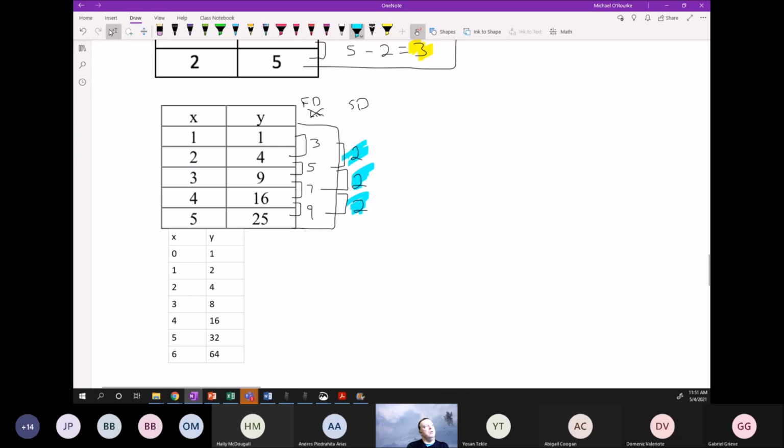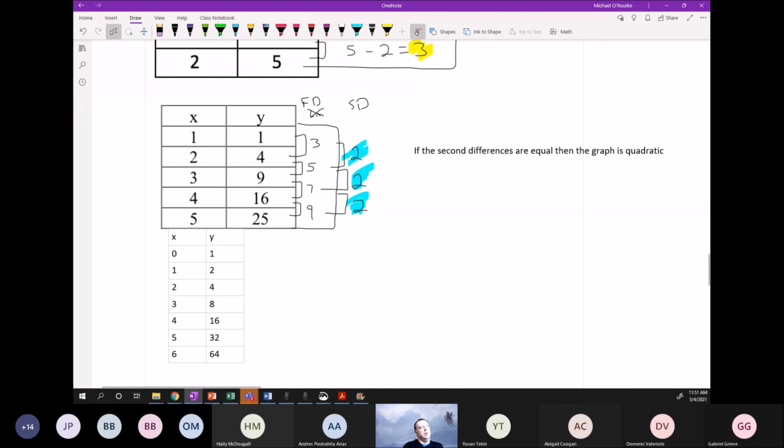It is quadratic. So if the second differences are equal, then the graph is quadratic.